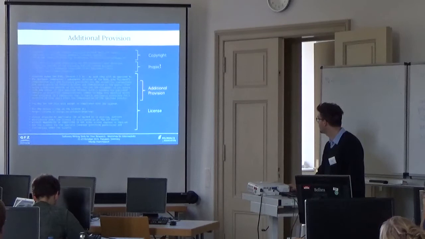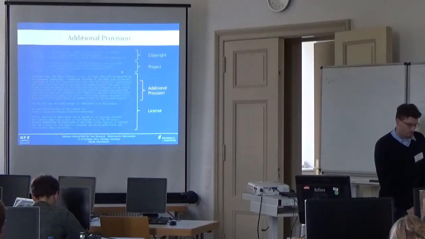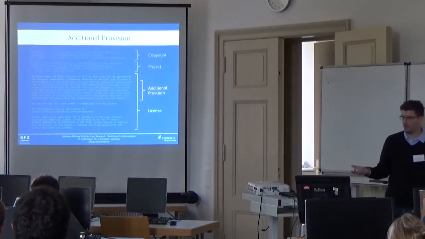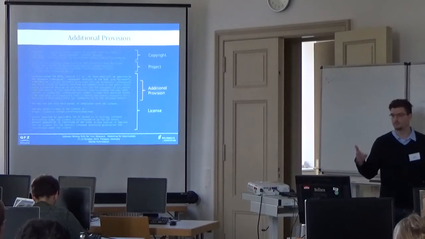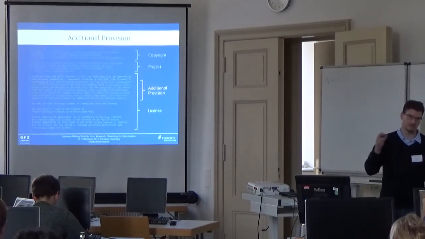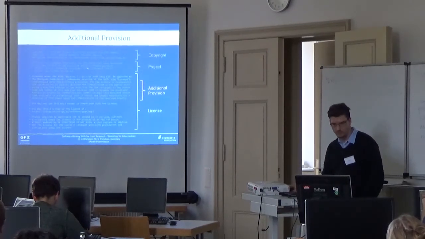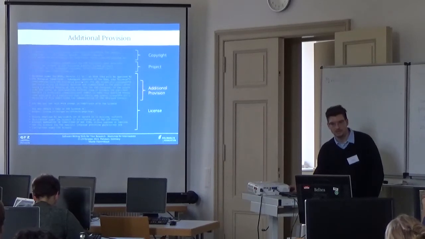So this is the copyright information. Then you will also have the project information, because when you are developing software in a project, like in a paper, you have to say that this work has been done in the project XYZ under agreement and funding by the European Commission. So you have to integrate this project information. And then there's the license information.